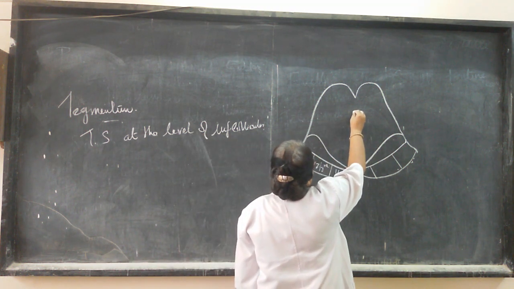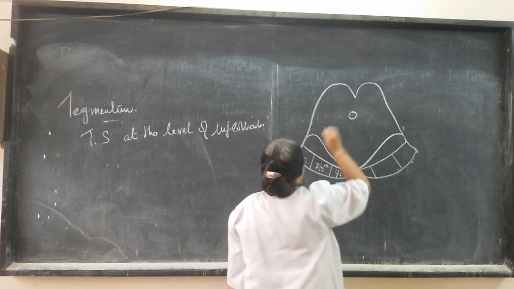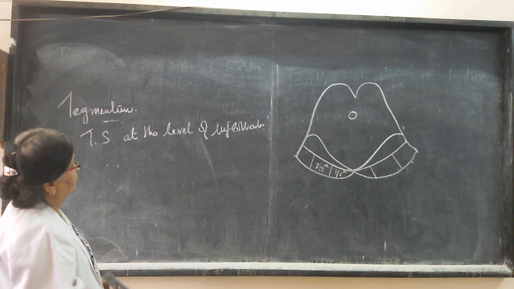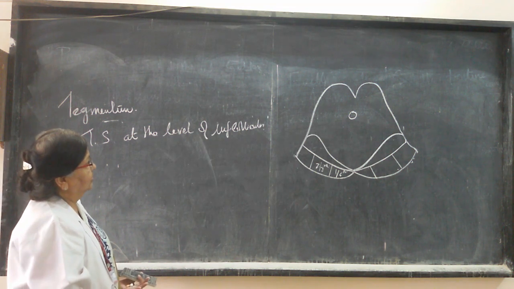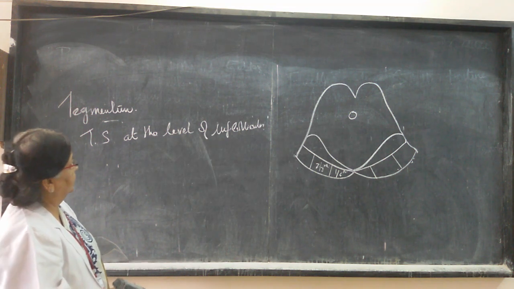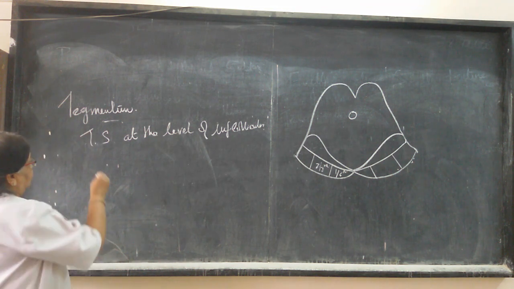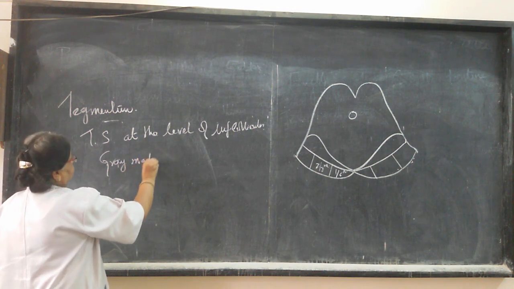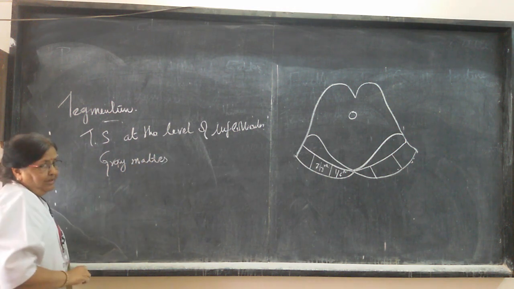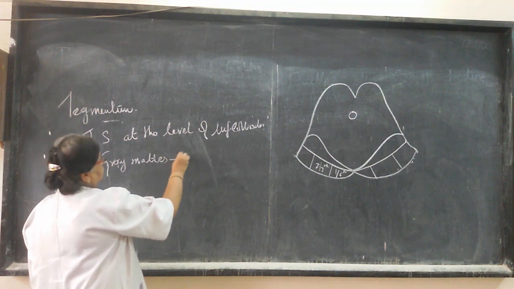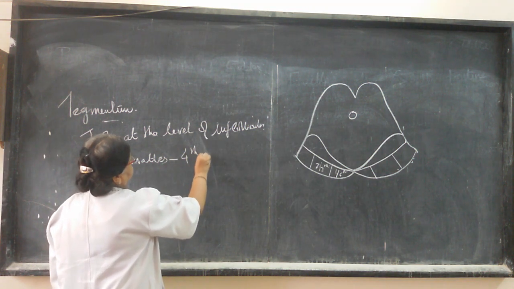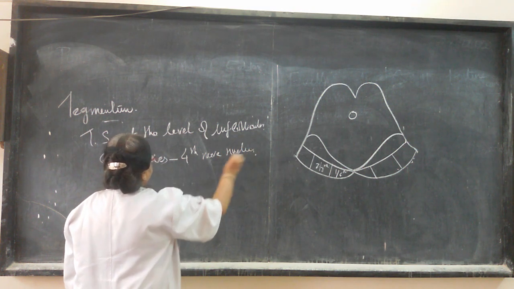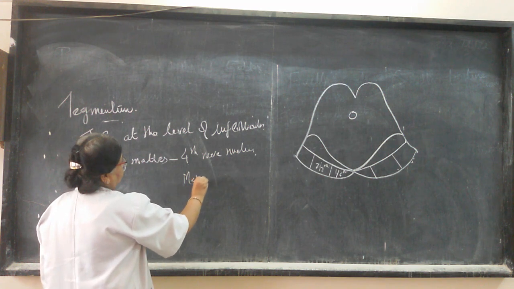This part is the aqueduct, the cerebral aqueduct. Now, in this region, we will see the grey matter and the white matter. The grey matter contains the fourth nerve nucleus and mesencephalic nucleus.